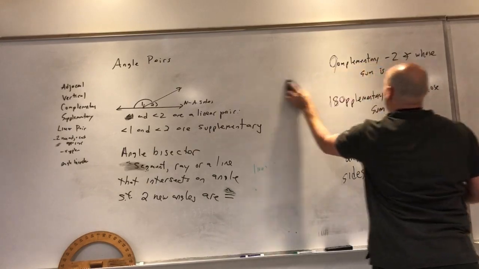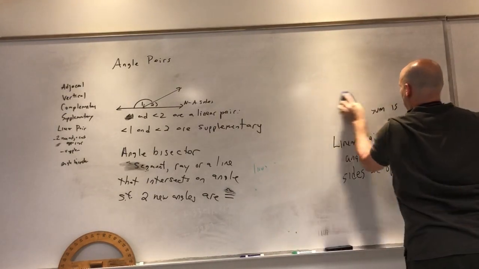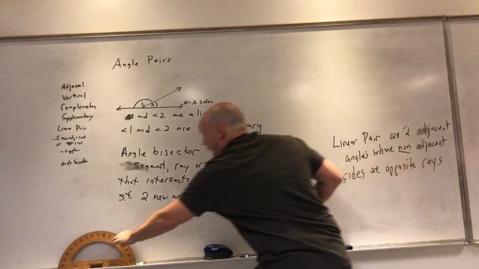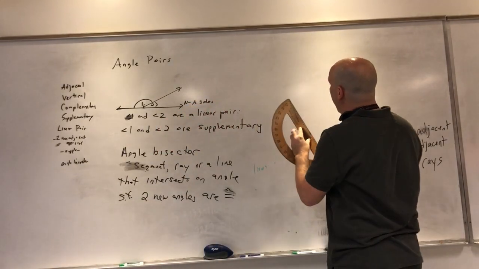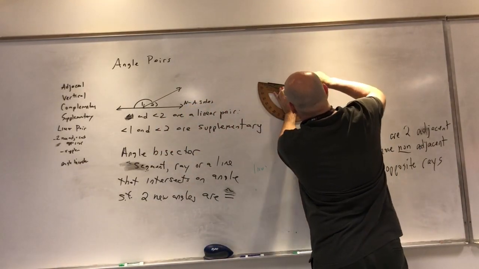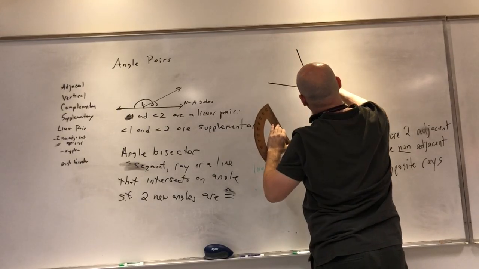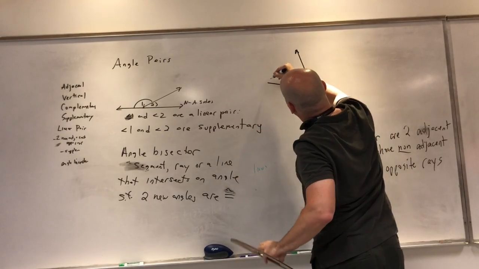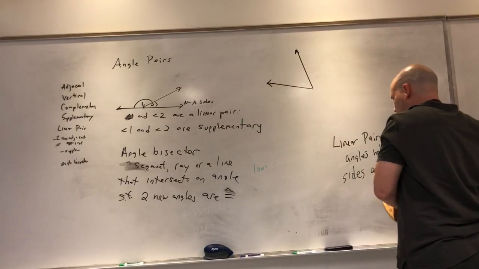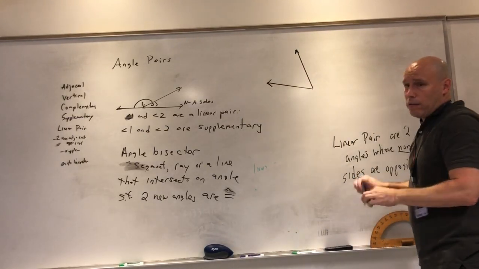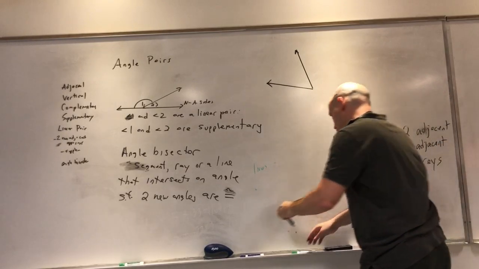What does that look like? Well, here's my angle, and I need something to bisect it. That could be a line that goes through it.